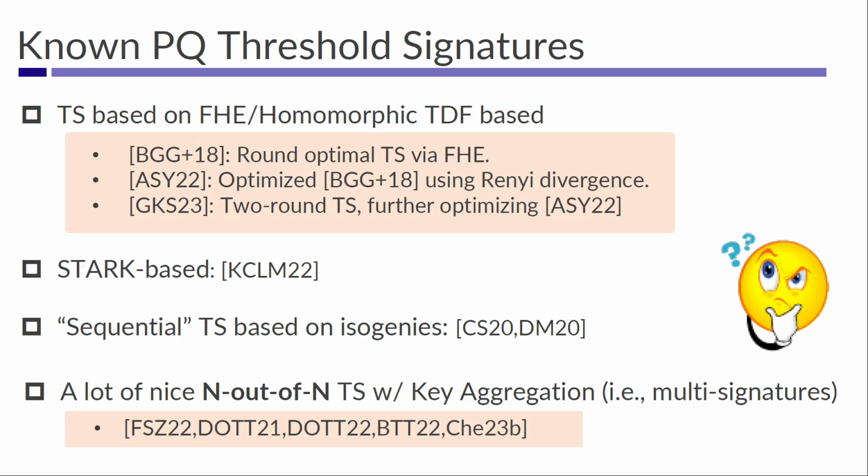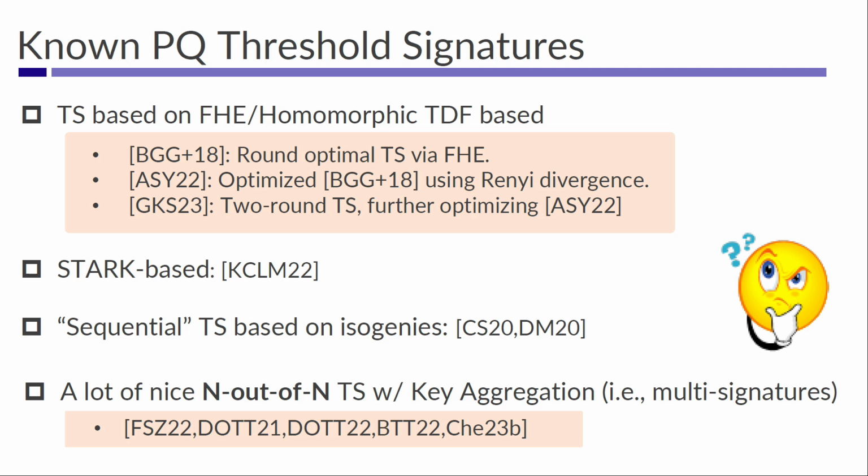So let me talk a bit about the known post-quantum threshold signatures and where we stand right now. There are works based on FHE and homomorphic trapdoor functions, but these are typically very slow right now. Maybe in the future they could be very optimized, but currently it's not really practical. There are also some STARK-based schemes or sequential threshold-based signatures on isogenies.